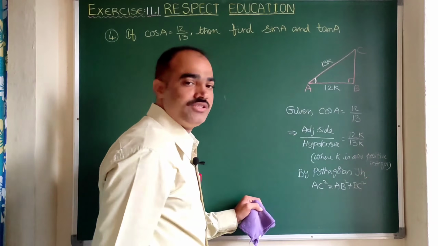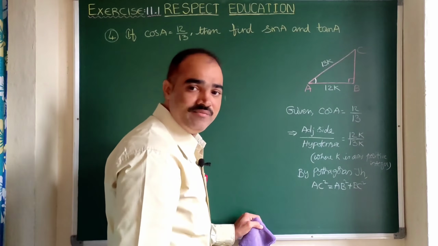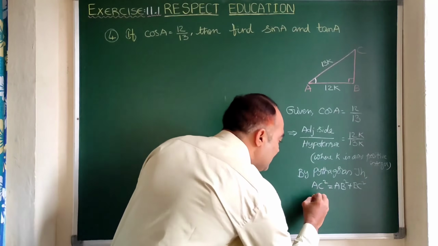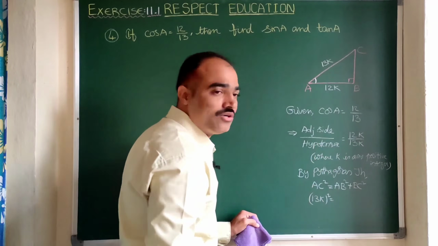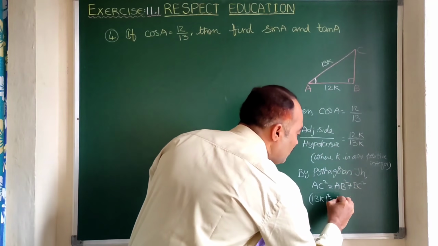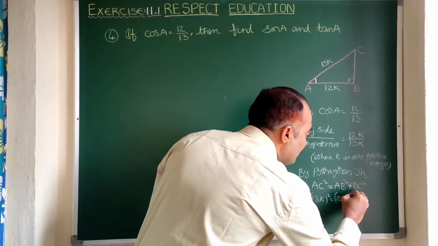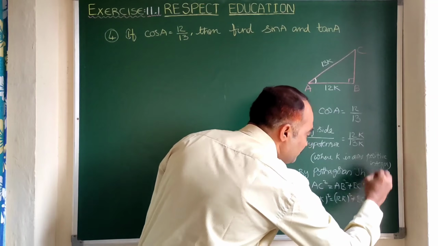Let us substitute the values. Here what is AC? 13k. So let us have 13k whole square. Same way AB square is known, that is 12k whole square. BC square is not known, let us write as it is.